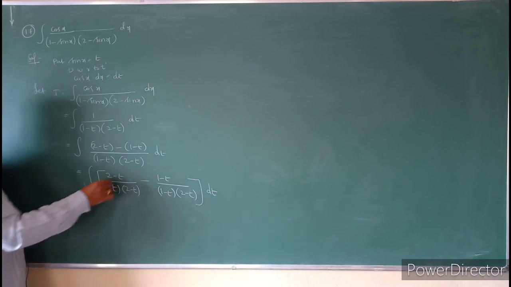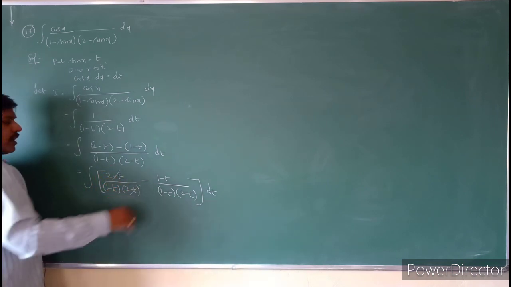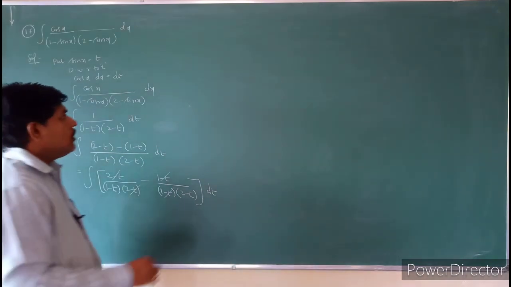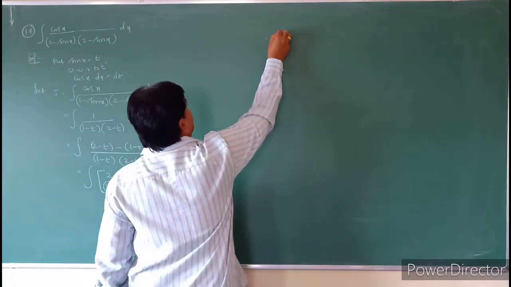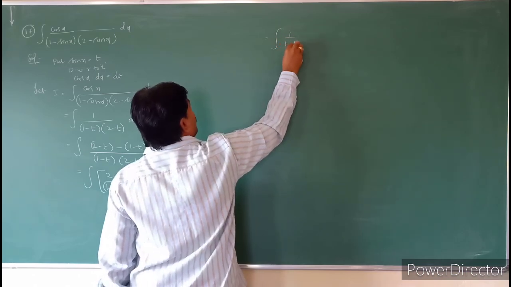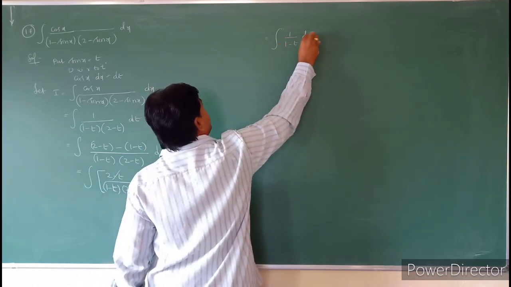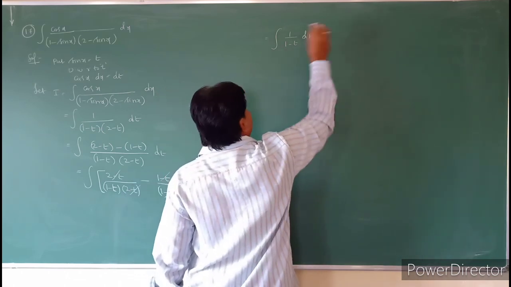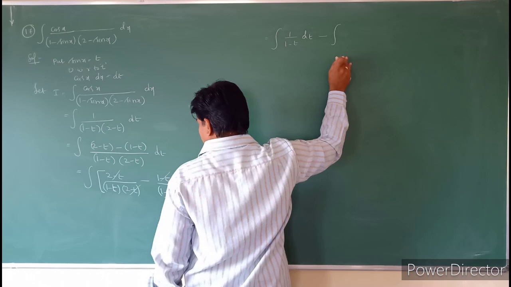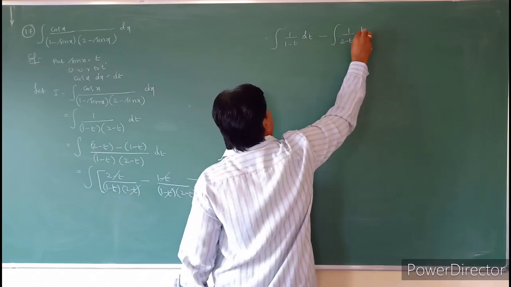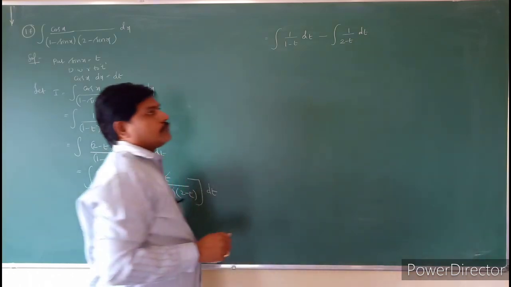Separate the terms. So 2 minus t will be cancelled, 1 minus t will be cancelled. What we will get, students? So that is equal to integral of 1 by 1 minus t into dt minus integral of 1 by 2 minus t into dt.